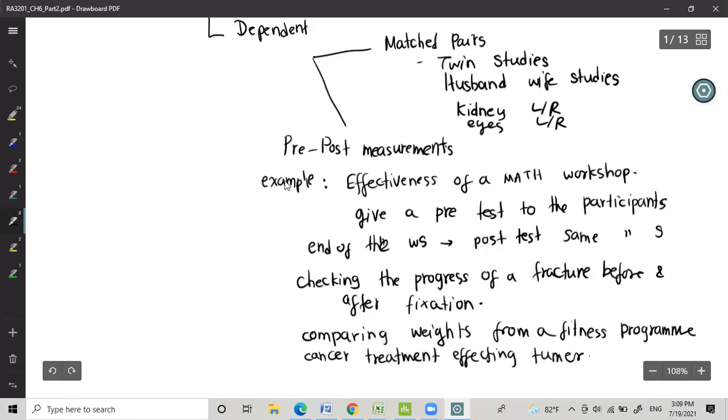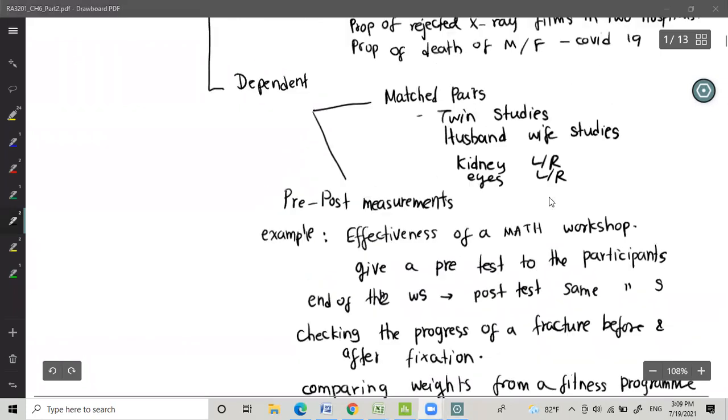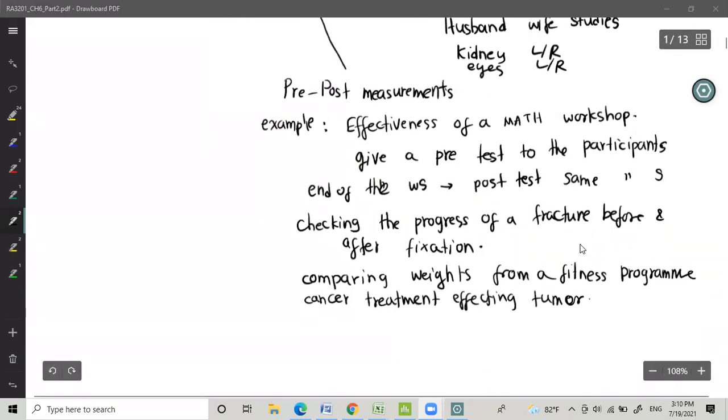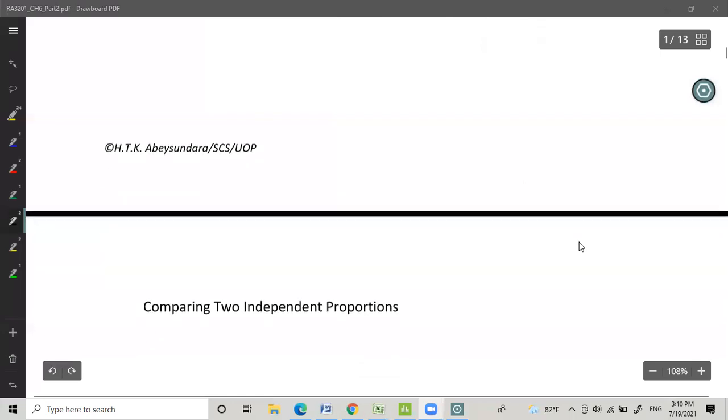So again, before and after, right? So those are very good examples, right? So these are the dependent samples. Again, you can test using hypothesis whether there is a significant difference in the post measurements and the pre-measurements, right? Okay, so that's what we are going to cover under this two sample test, right?